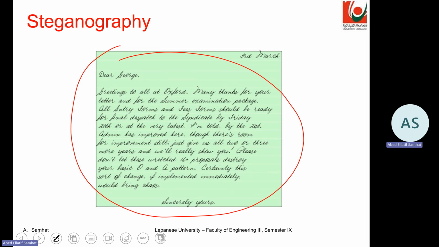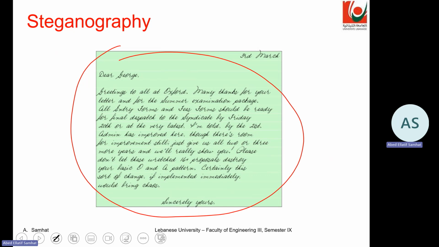Let's say I send you this text. You will find it's a normal text. Nobody would suspect anything, it's a simple letter. But if I tell you that the secret key is to use, for example, the first letters of each word of the overall message.